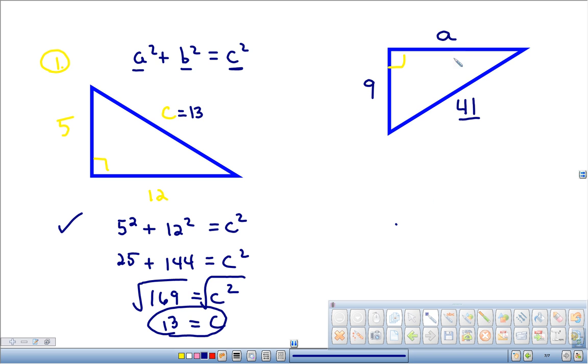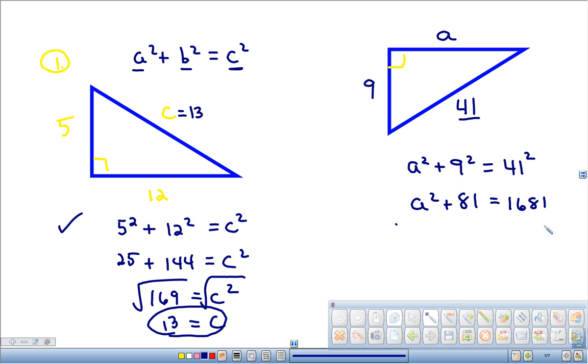So again, setting up the Pythagorean theorem, I'll have a squared, because that's that side, plus 9 squared, which I'm going to make my b, equaling c squared, which is 41 squared. So a squared plus 81 equals 41 squared, which, let's see, 41 squared, is it 1681?